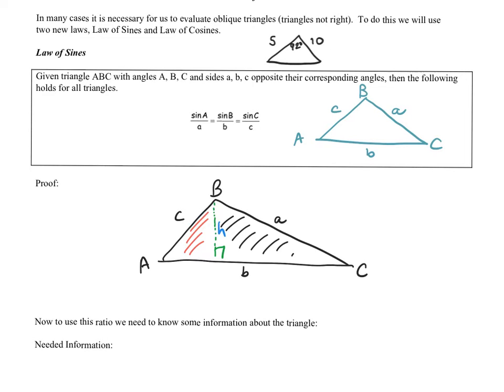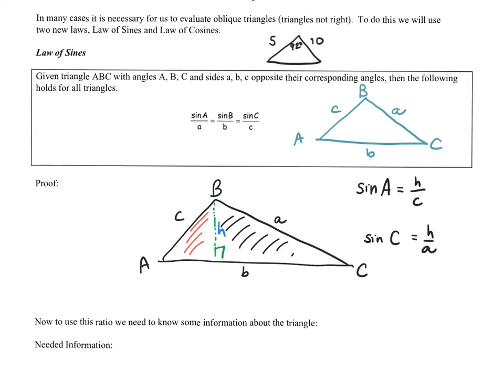Well, now if I look at these two triangles, I can say the sine of angle A is the opposite over the hypotenuse. And now I can use SOHCAHTOA because the red and the black triangles are right triangles. I also know the sine of angle C is equal to h over a.